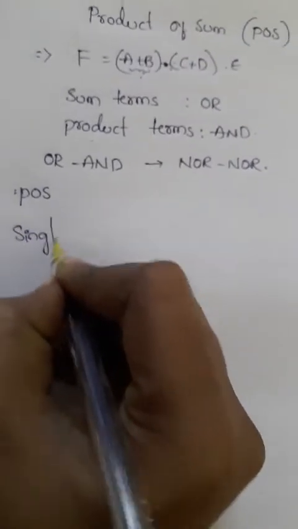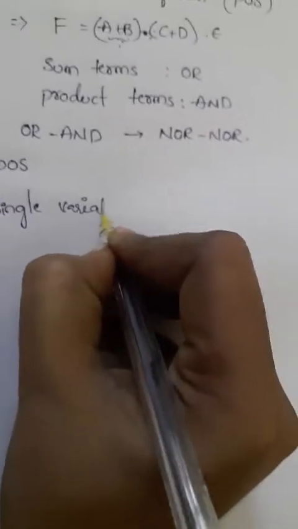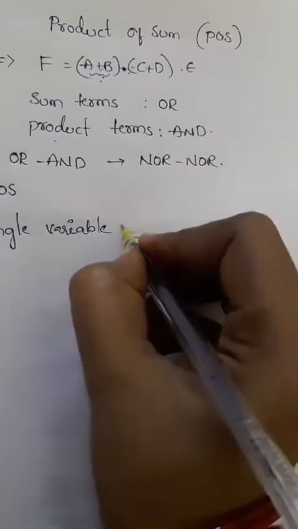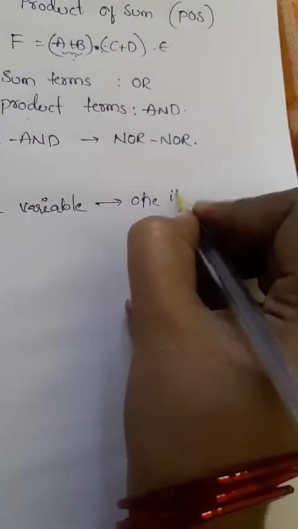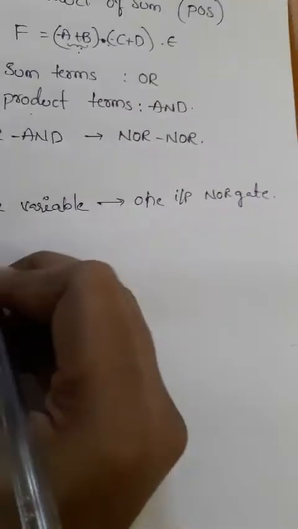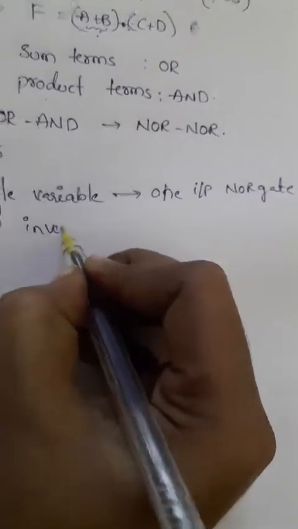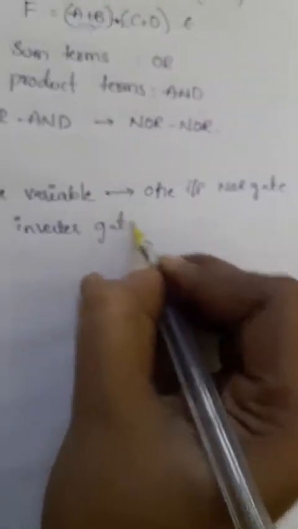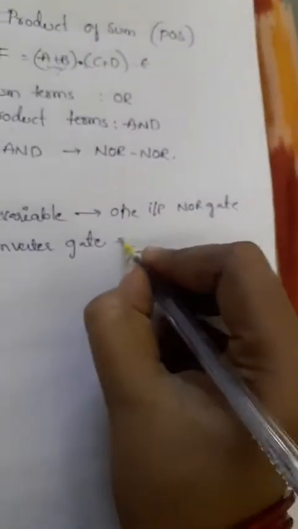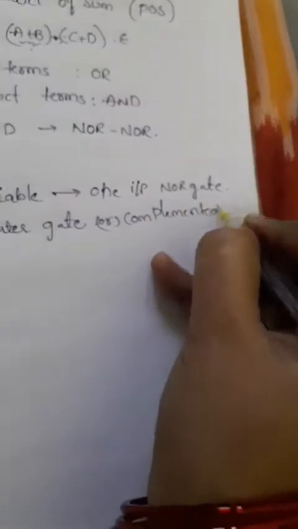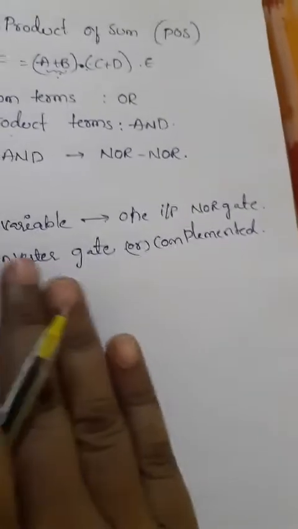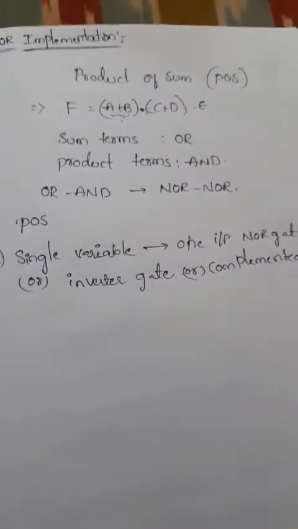So any term that consists of a single variable requires a one input NOR gate, or otherwise we can say an inverter or complement, complemented and applied directly to the second level NOR gate.